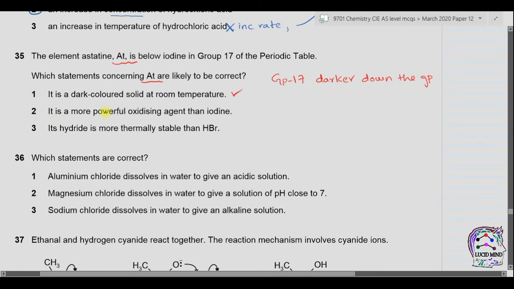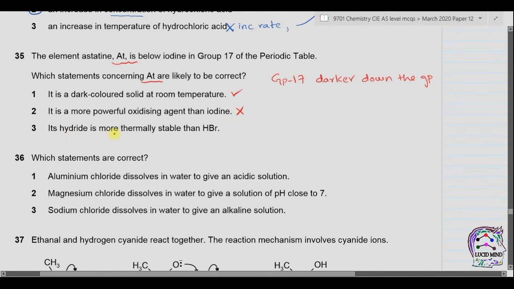Number 2. It is a more powerful oxidizing agent than iodine. For halogens, we know that the oxidizing power decreases down the group. So this is not the case. Actually, iodine is more powerful oxidizing agent than astatine.